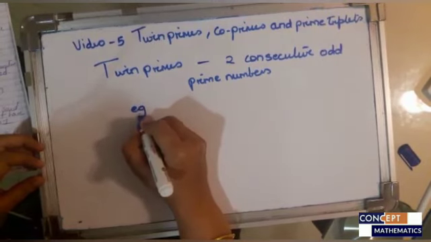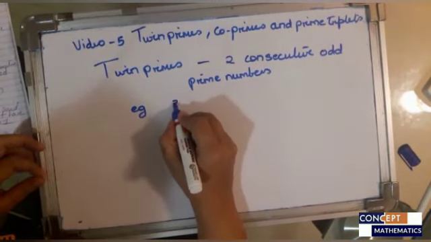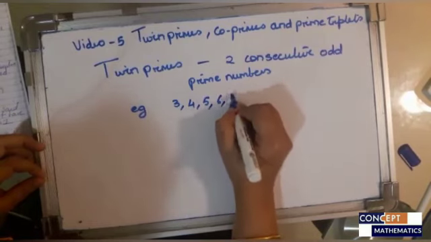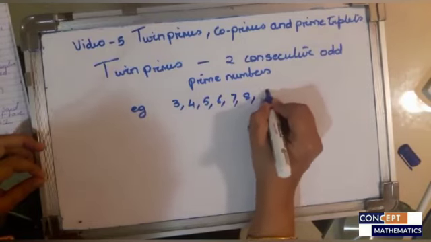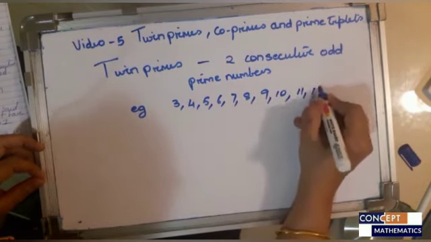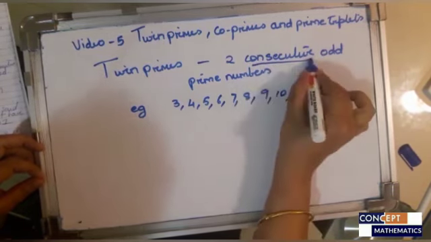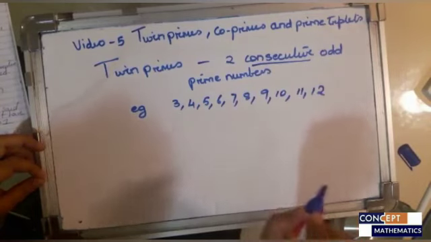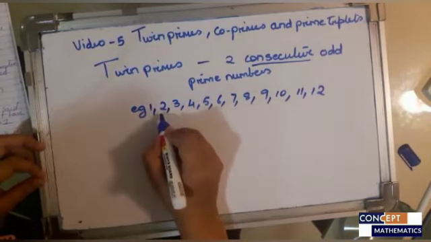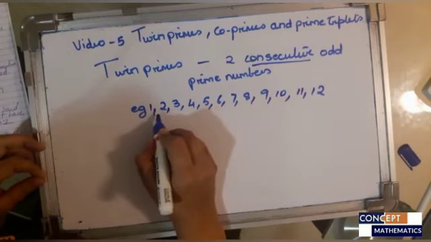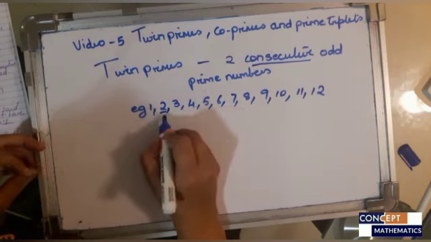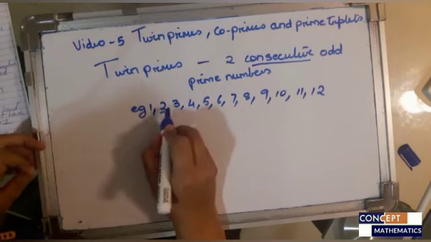For example, 3, 4, 5, 6, 7, 8, 9, 10, 11, 12. Consecutive means continuous. So this is 1, this is 2. 2 is an even number. 2 is an even prime number.